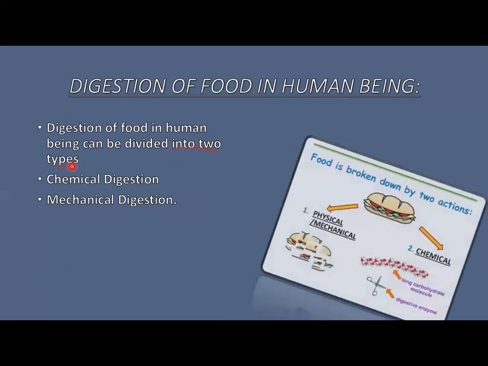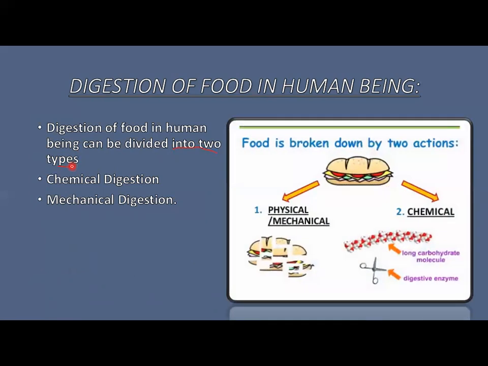Look at here. This is the food that we usually eat. Not this one, but a large molecule, insoluble molecule, indiffusible molecules. And we have to break it down into smaller food molecules. Now how will we break it down into smaller molecules? It will involve two processes. Number one is physical or mechanical digestion, and second one is chemical digestion.